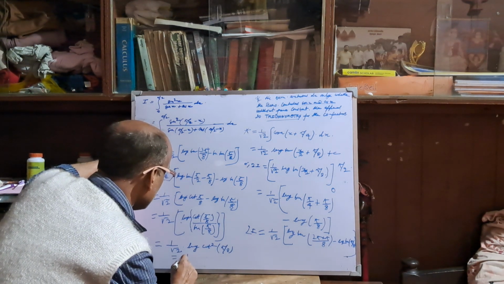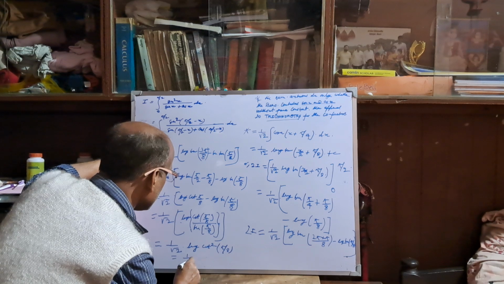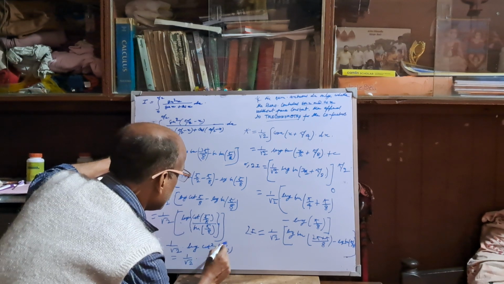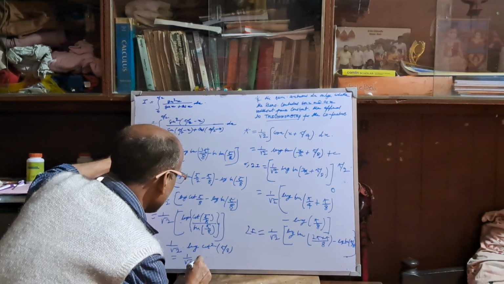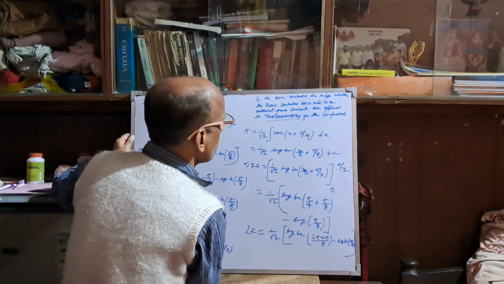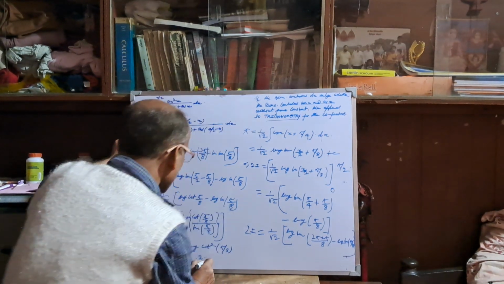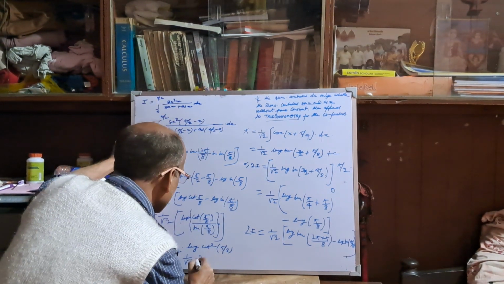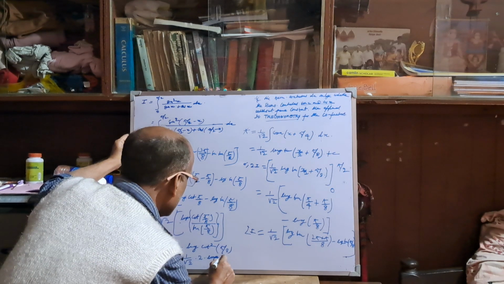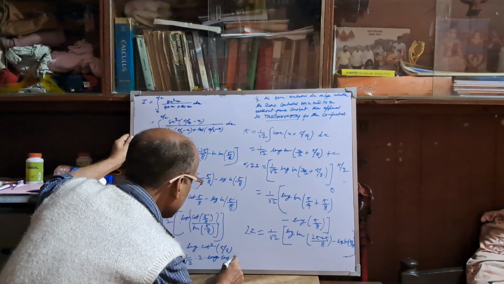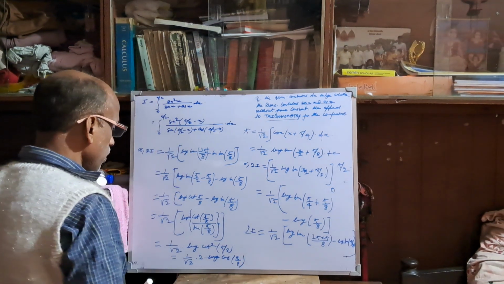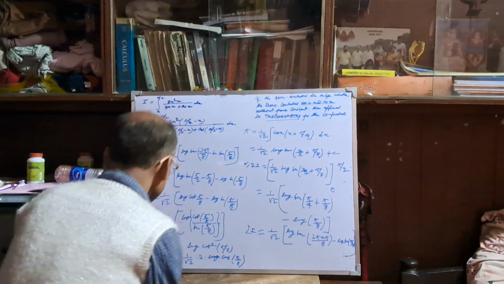That will be equal to 1 by root 2, and this is cot pi by 8 whole square, and this 2 will come here using the formula log m to the base a whole to the power n is equal to n log m to the base a. On that concept I will use it here. The 2 will come here, and this is log cot pi by 8. So the ultimate calculation I got up to this.